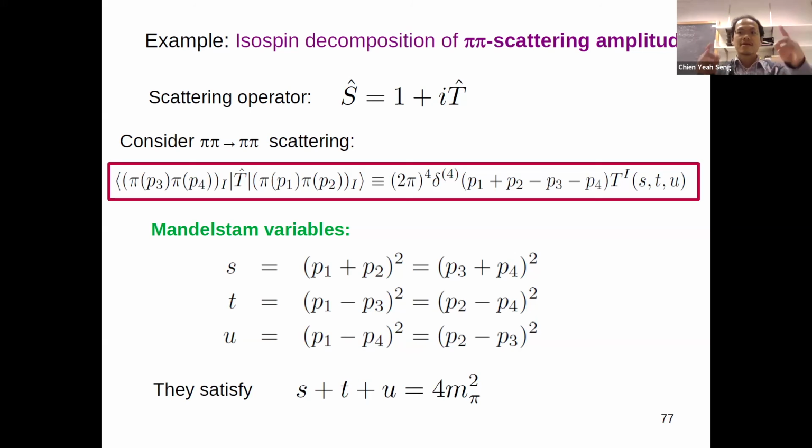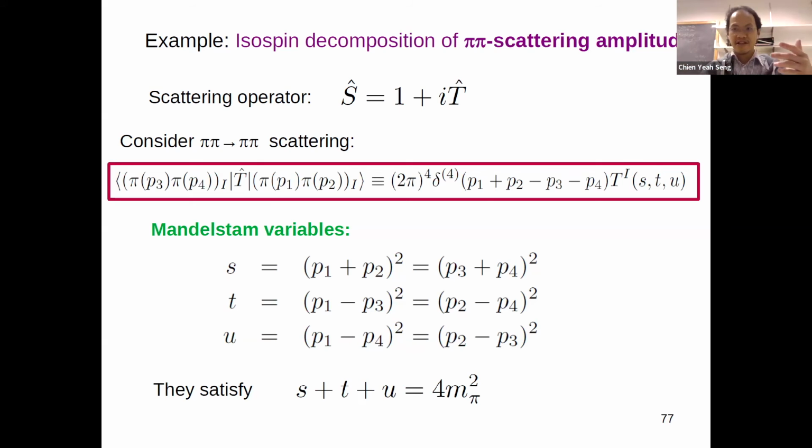If we start with 2 pions and group the 2 pions into a state of definite isospin, this isospin must be conserved before and after the scattering. Therefore, the I in the initial state must be the same as the I in the final state, and thus we can parameterize the scattering amplitude as T_I, where I can be equal to 0, 1, and 2, because one pion has isospin 1. So 1 times 1 in group theory will give you 0 or 1 or 2.